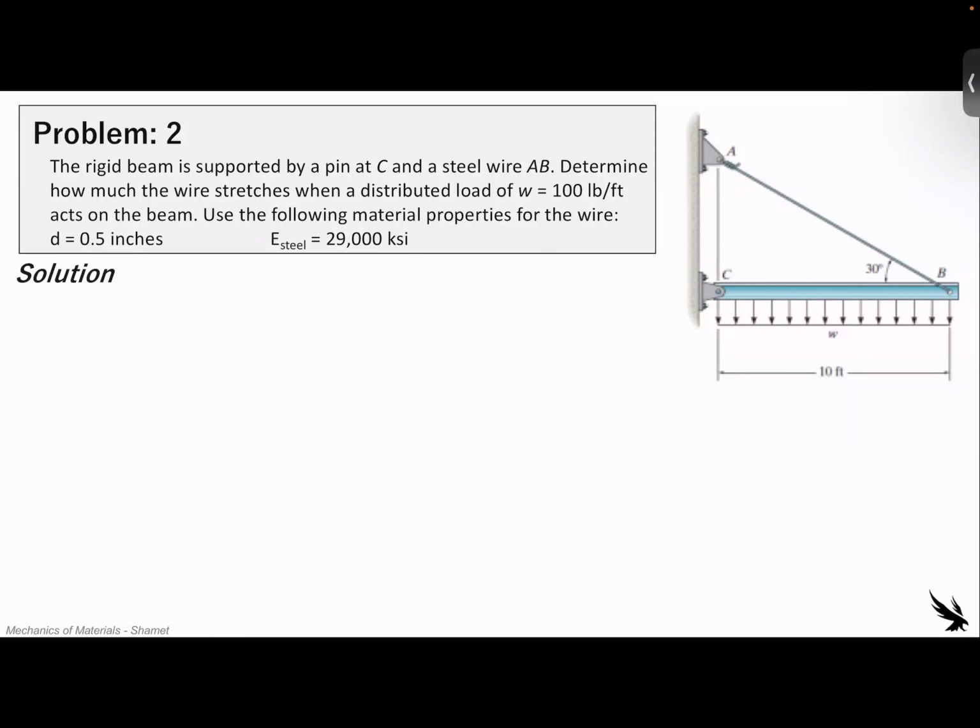So what we're caring about here is the steel wire AB, which is going to be this one right here. So for the steel wire, we're going to need how much it stretches when the load is applied. So what we're going to do is this distributed load is going to cause an axial force in the wire.